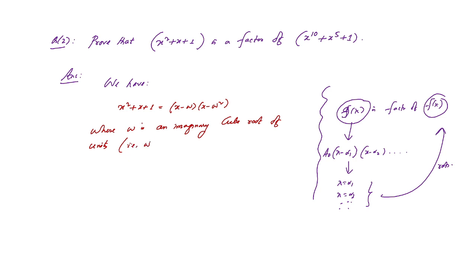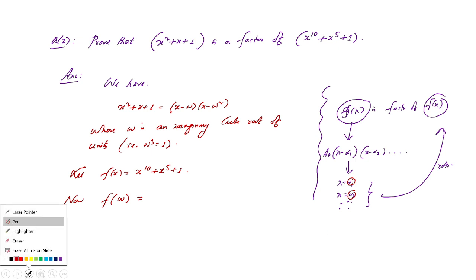That means omega cube equals 1. So here alpha 1 and alpha 2 mean omega and omega square. We'll check whether omega is a root of x to the power 10 plus x to the power 5 plus 1 or not, and whether omega square is a root, we have to check. So we just take f(x) equals x to the power 10 plus x to the power 5 plus 1. And now what is f(omega)?